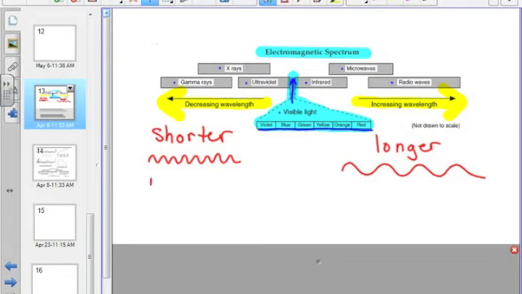So this is the more dangerous end of the spectrum. Whereas as you move to the right-hand side, microwaves, radio waves, we even have appliances that emit this kind of energy in our homes, so they are clearly the less dangerous forms of energy.